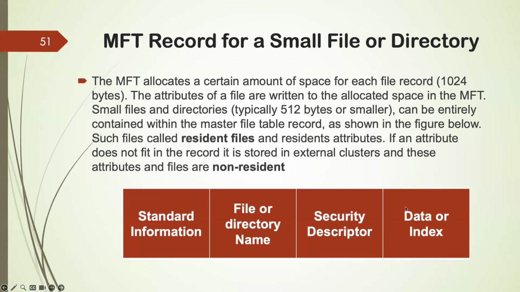So if your overall file size, like file name, file content, file metadata, and everything else, is less than 1 kilobyte, then all of these attributes will be present in the MFT table. All the attributes that are present in the MFT table are called resident attributes, and the files that completely reside in the MFT, where all the information about that file can be found in its MFT record, are called resident files.